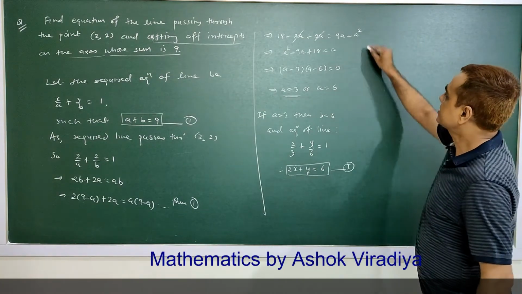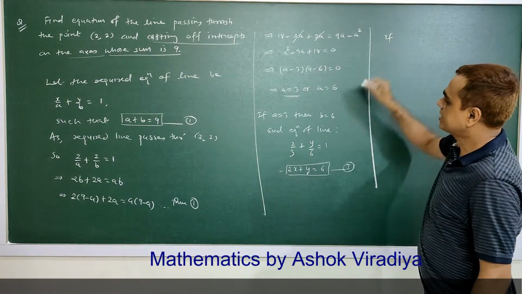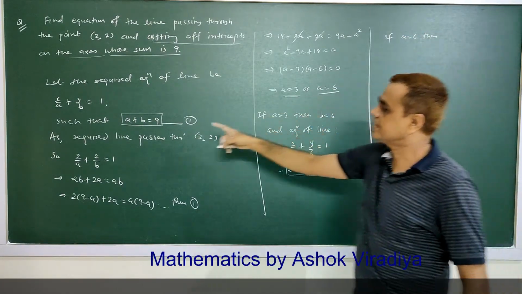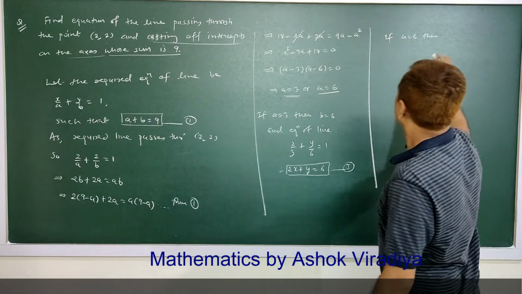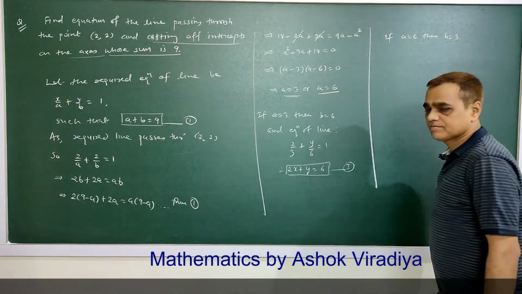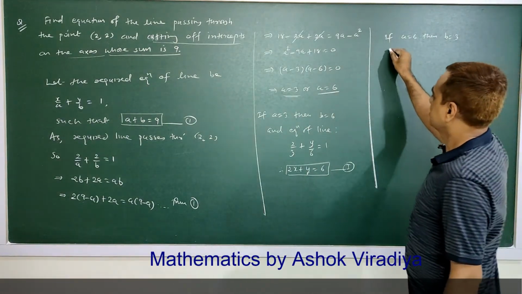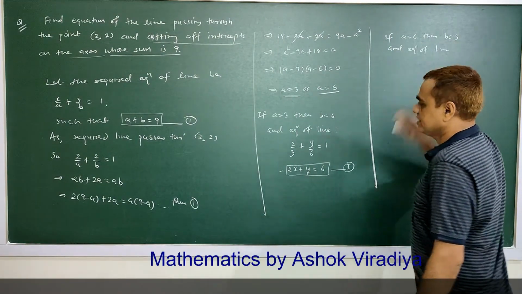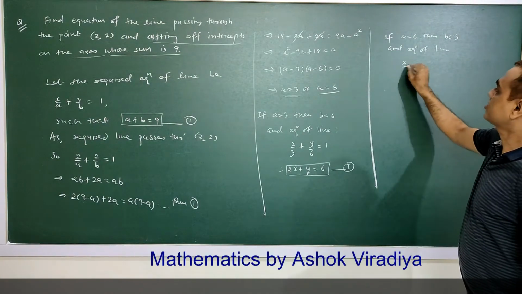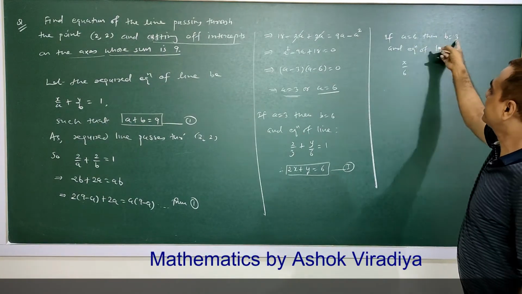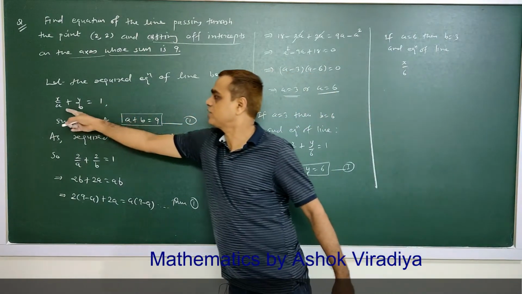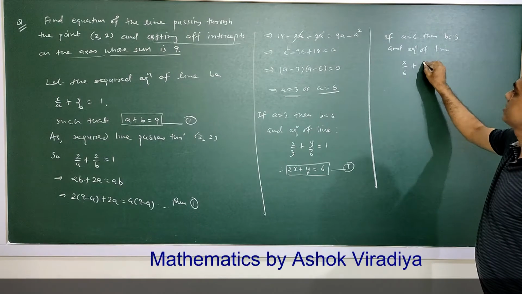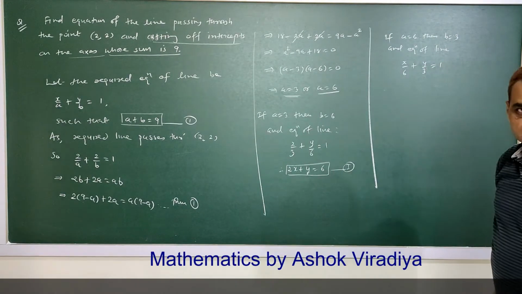And second possibility, if a is 6, then b is 3. So in this case, the equation of the required line, I am putting these values of a and b in this intercept form, x upon a plus y upon b is 1.